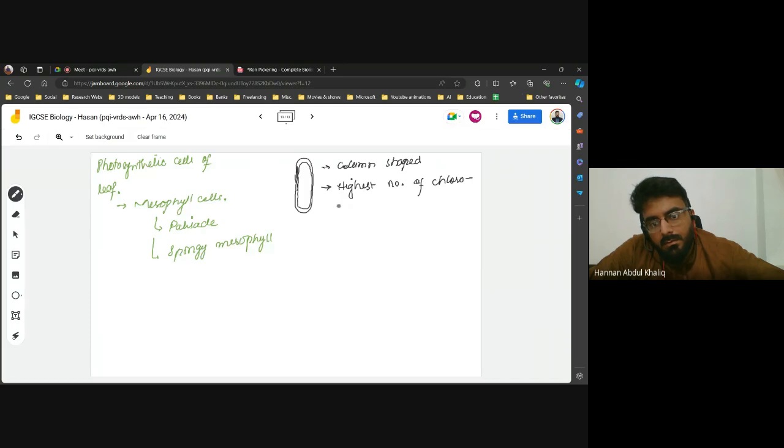They have a very large vacuole, thick cell wall.